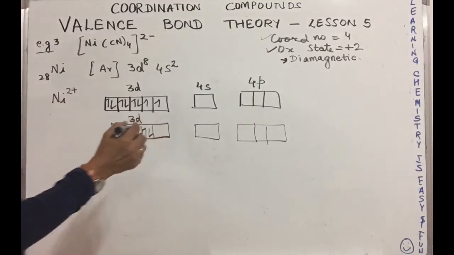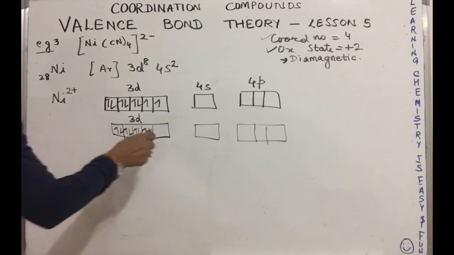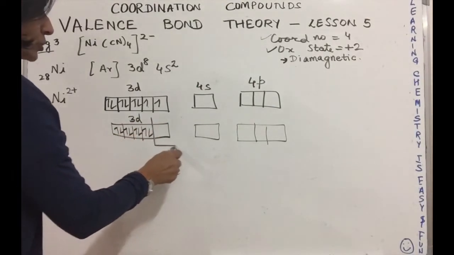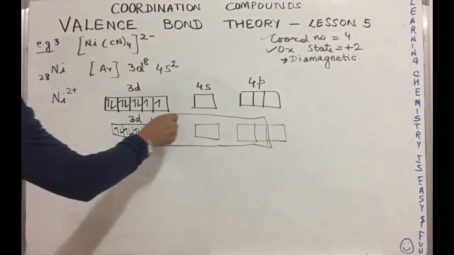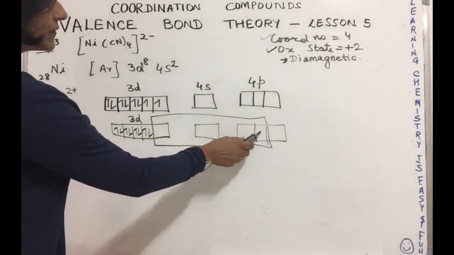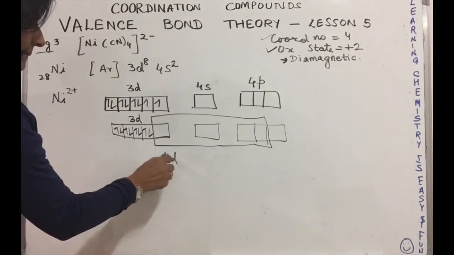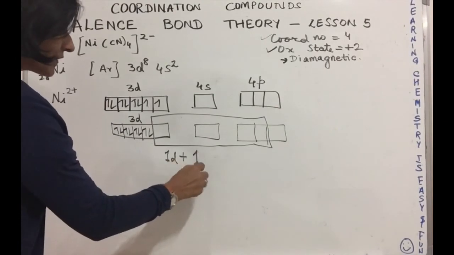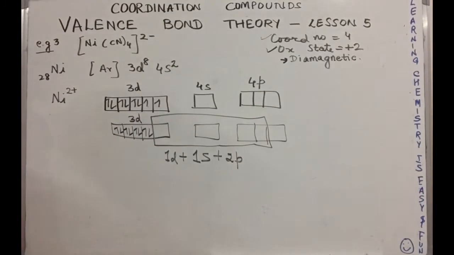I have to accommodate how many ligands now? 4 ligands. So 1, 2, 3, 4. We need to have 4 rooms ready for the guests. So 1, 2, 3, 4 come together. There is 1 d, 1 s and 2 p orbitals participating in hybridization.